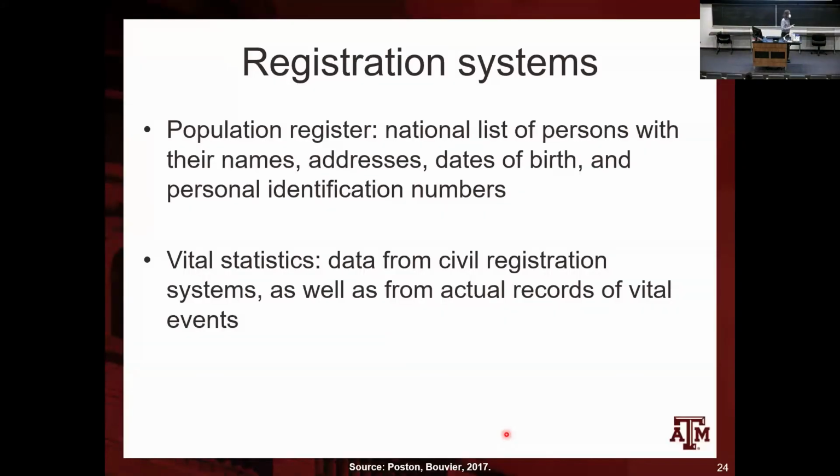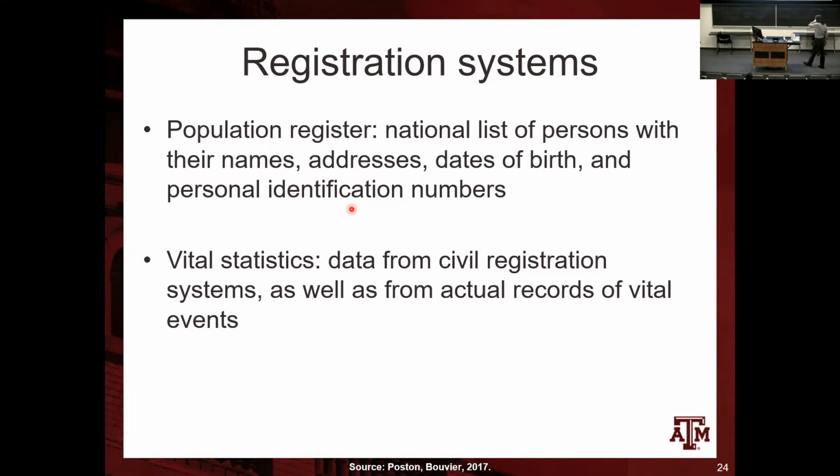The second typical source of data that we have overall in the world is registration systems. A population registration system is a national list of persons with their names, addresses, dates of birth, and personal identification numbers. The personal identification number in the US is the Social Security number, right?